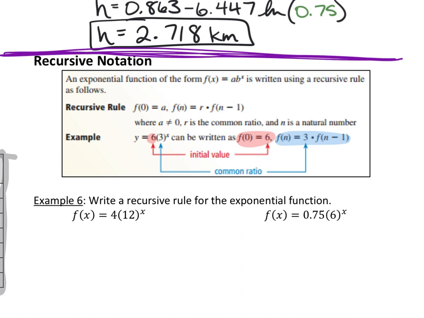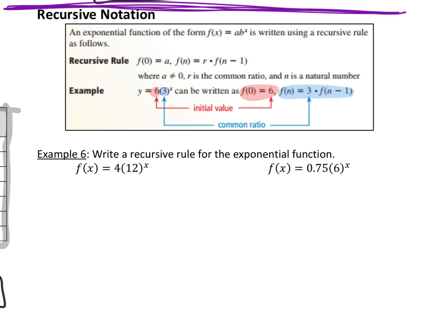Literally, all you have to do is take the two numbers from your equation and plug them into the recursive rule. So for me, in example 6, this first problem, I see I have the number 4 and I have the number 12. This would be f of 0 equal to 4, because that's the first number. 0 indicates the first number.